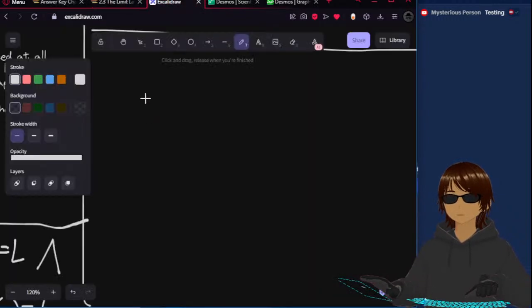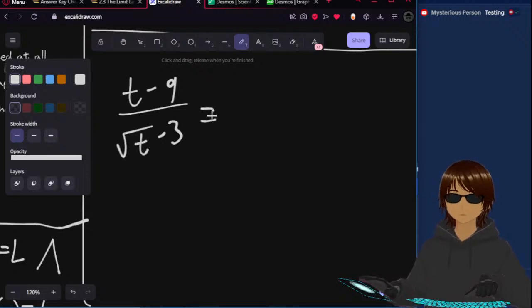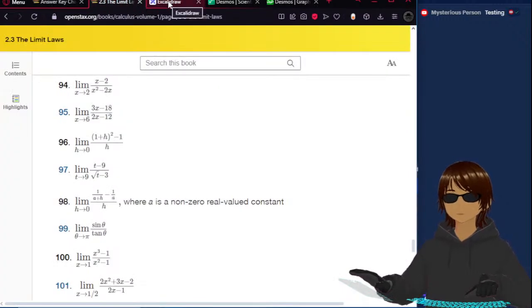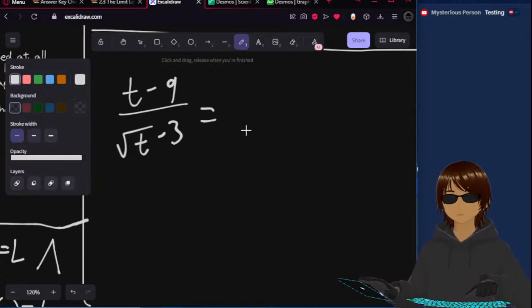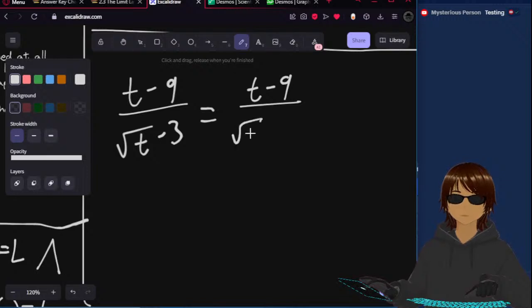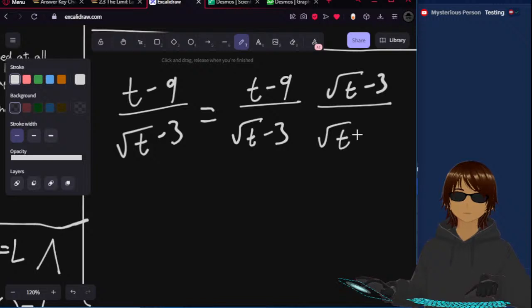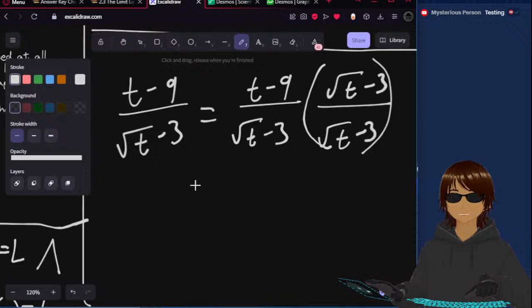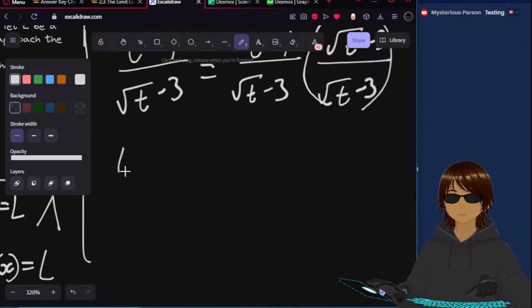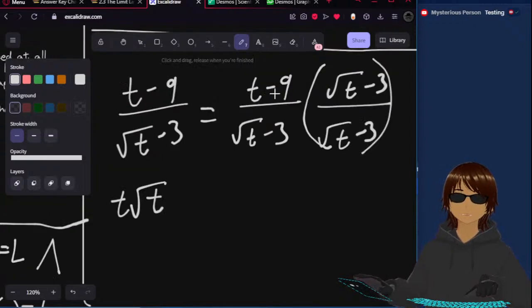t minus 9 over root t minus 3. Hmm. I think I should multiply with this. And then I will get root t.